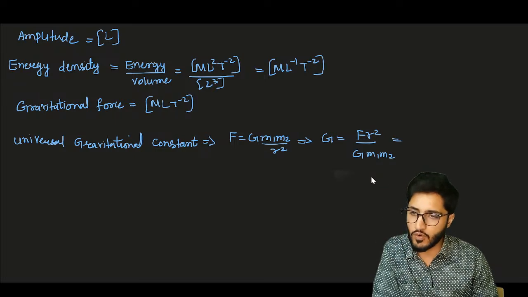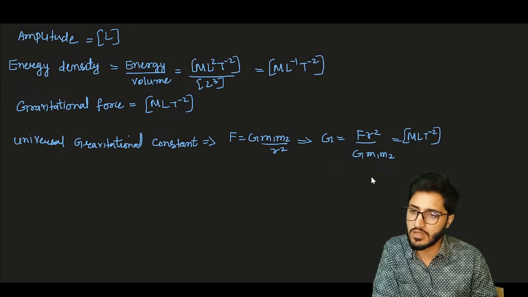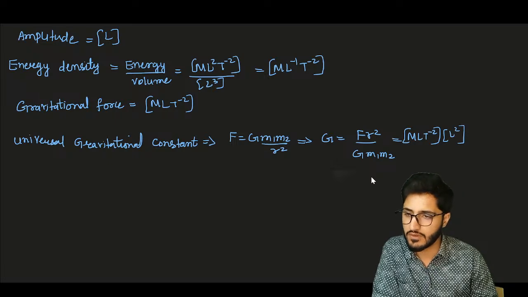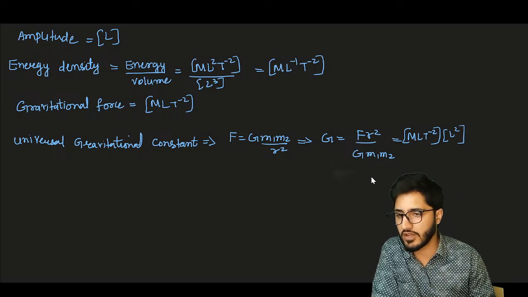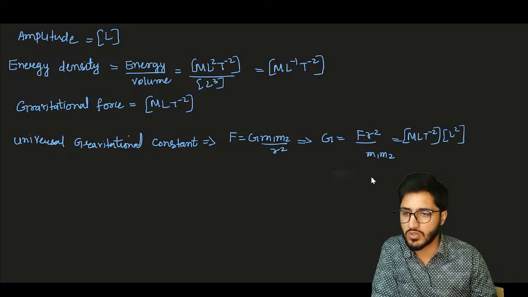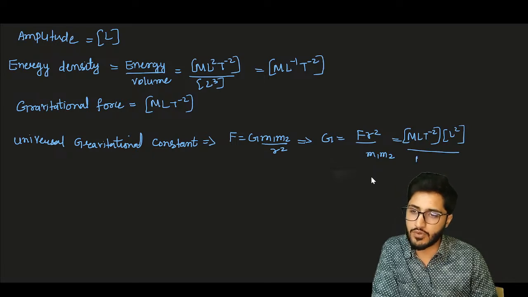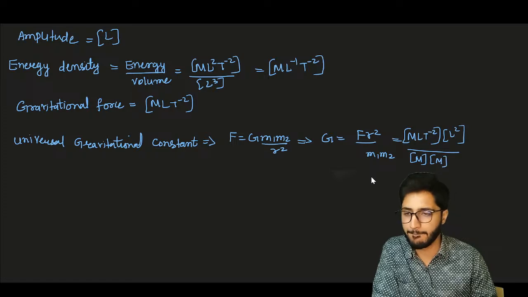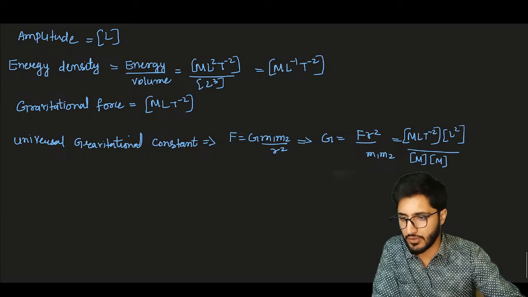Now look, what is force? It is MLT minus 2. R is length, it is L square. We are not having G here. So m1 m2, it is M into M, that is M square.